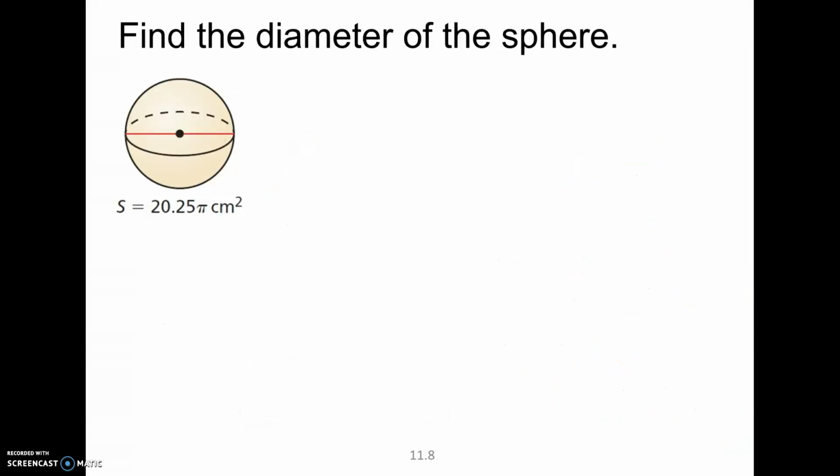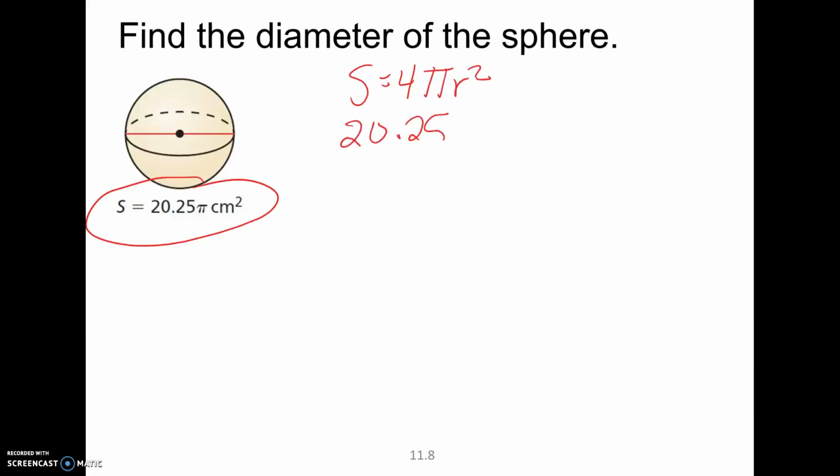Okay, the next one says find the diameter of the sphere. So this time they gave us the surface area. And remember that our surface area is 4 pi r squared. So this time I know that that's 20.25 pi. And I need to find the diameter, so the directions say. But my formula only solves for r, so we're going to solve for our radius first. So in order to get the r by itself, I'm going to divide both sides by 4 pi.